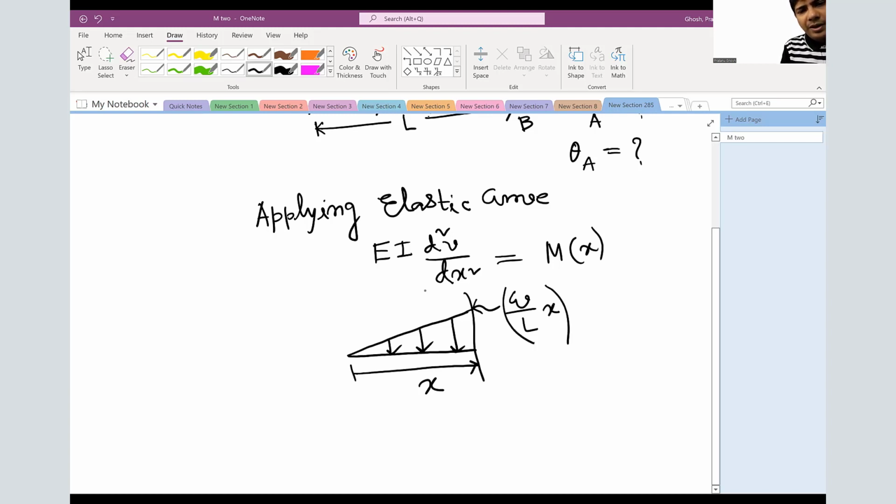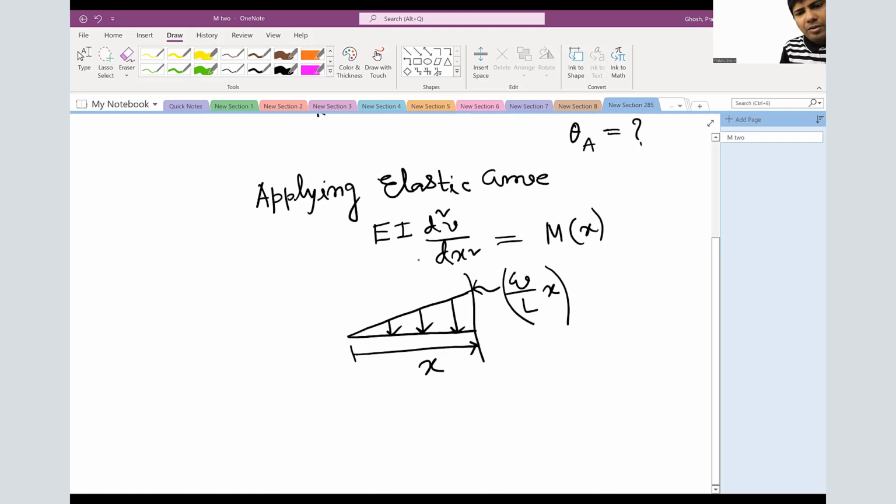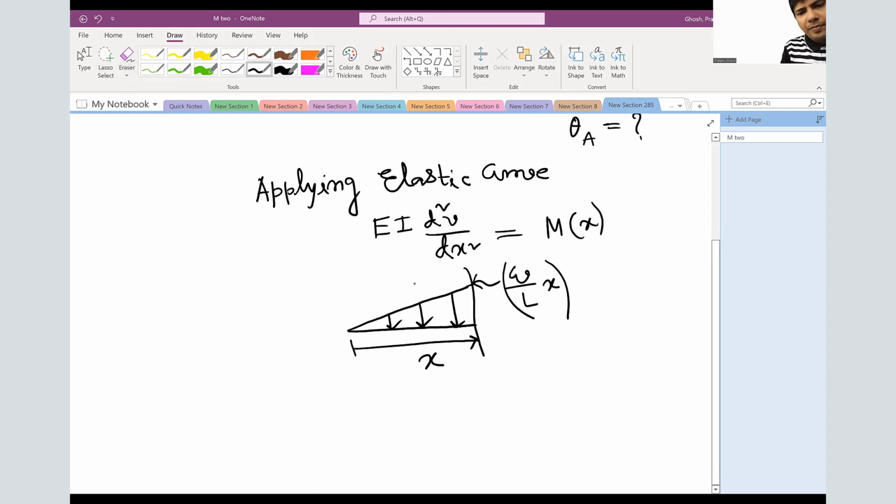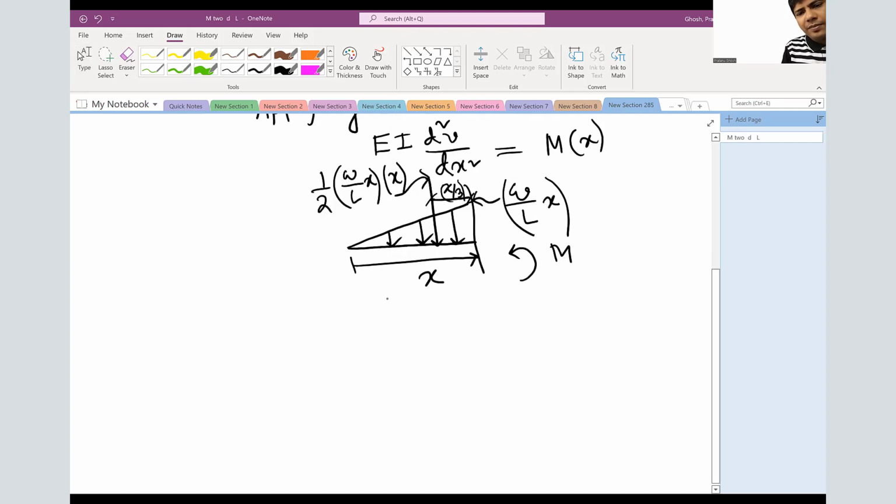So what is our new equivalent triangular loading? The area of the triangle is half W over L times x, the base is x, and the distance from the cut section is x over 3. We are trying to find the moment at the cut section, so let's apply the statics equilibrium equation.